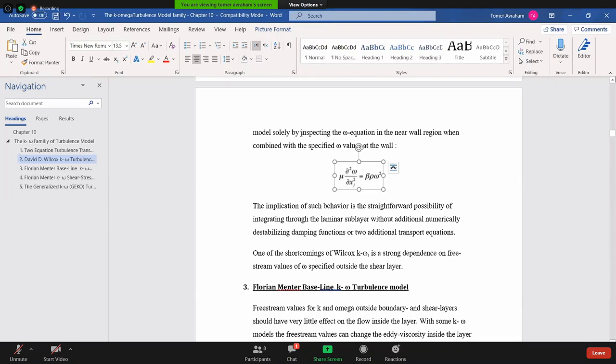methods kind of suffer from, there are two kinds of them. One of them is the zonal method, where we decide a priori where the LES zone is going to be and where the RANS zone is going to be. And one of them is the monolithic, like the detached eddy simulation.